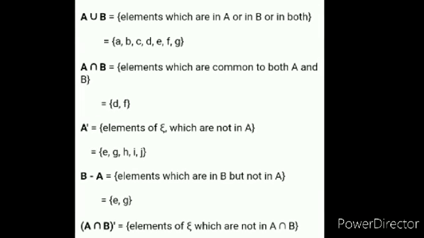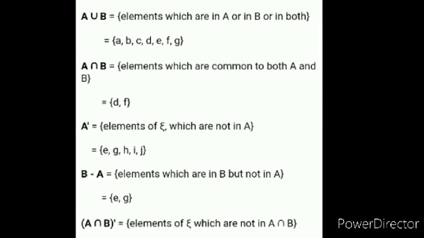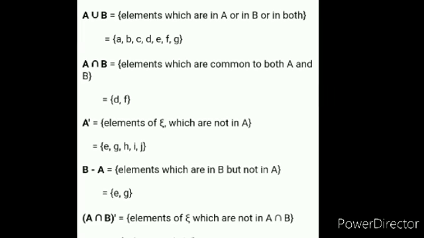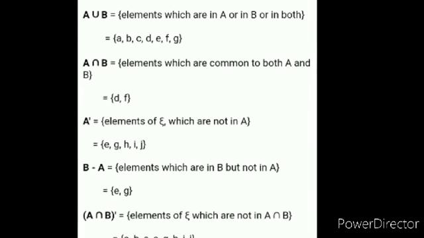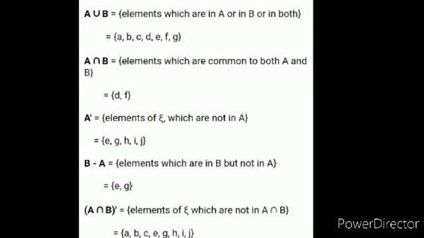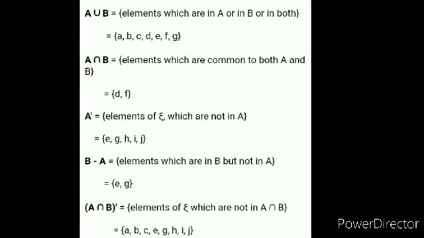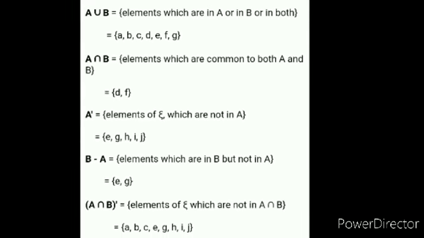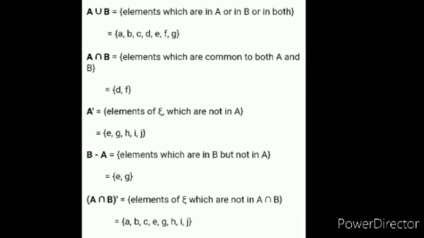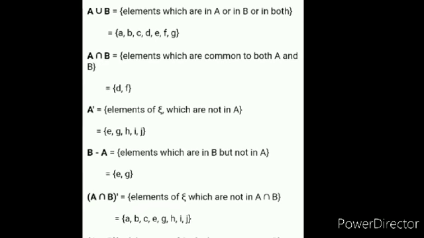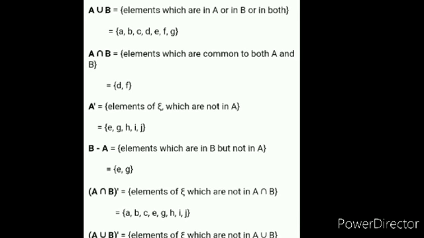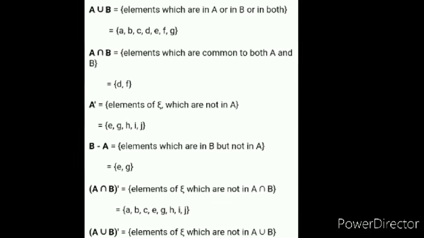Our question says A is equal to A, B, C, D, F; except these elements, we take all the other elements, for example E, G, H, I, J. You see E, G, H, I, J are not members of set A, that is why we consider them here as the complementary set A dash. B minus A means elements which are in B but not in A.